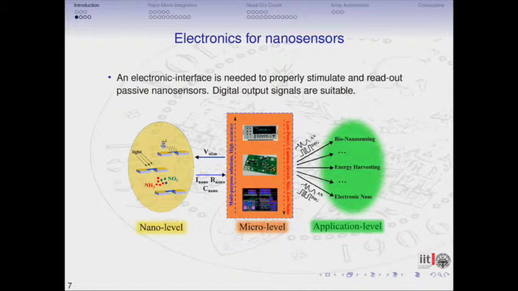But you have to select a subset of all the nanomaterials, for example, semiconductor nanomaterials. And in this presentation, the readout circuit that I designed refers to semiconductor nanomaterials. The output of this electronic interface should be an analog or a digital signal compliant with commercial electronics to be integrated in the final device.